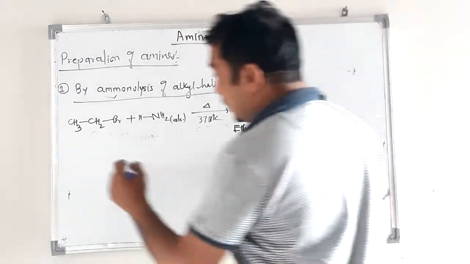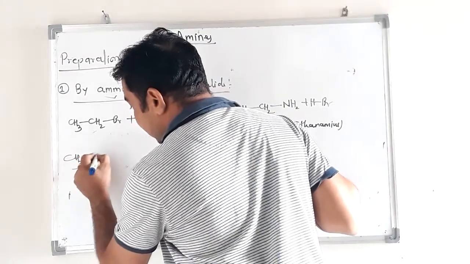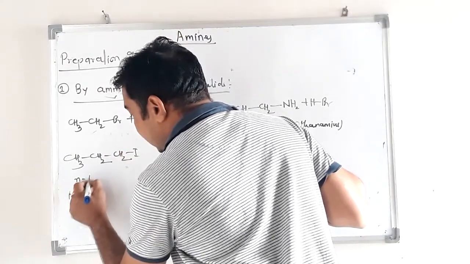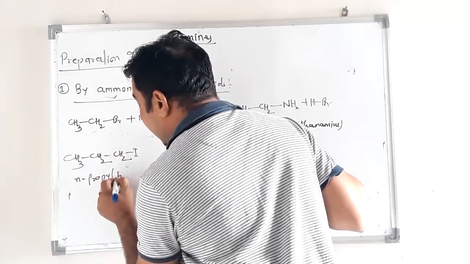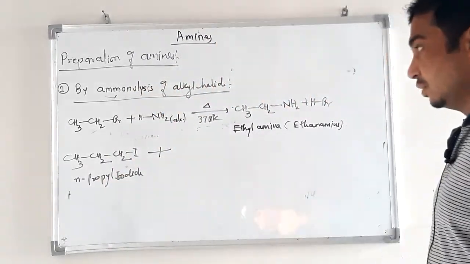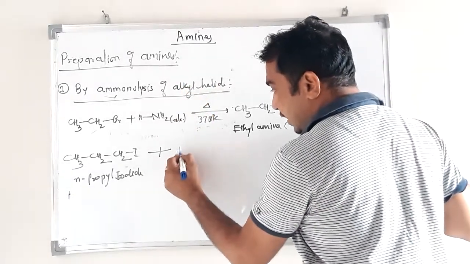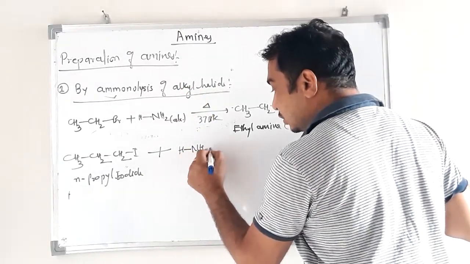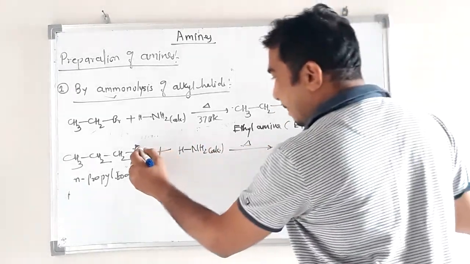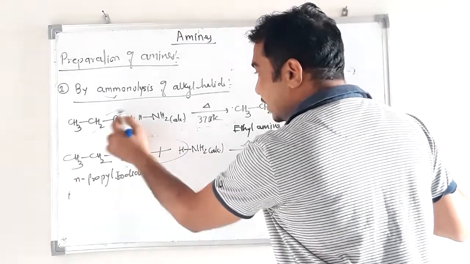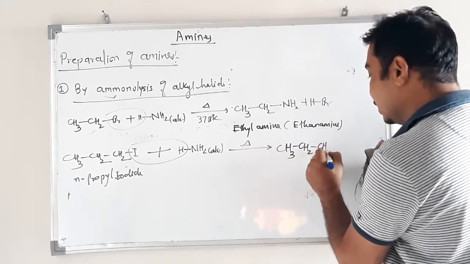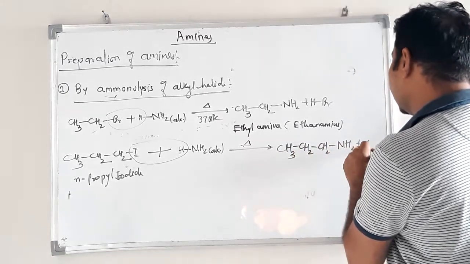Ethanamine. Okay. Then one more example, CH3CH2CH2I. Suppose n-propyl iodide. You can take any alkyl halide. n-Propyl iodide reacts with ammonia, NH3 alcoholic solution, then heat it. It will give CH3CH2CH2NH2, okay, plus HI.